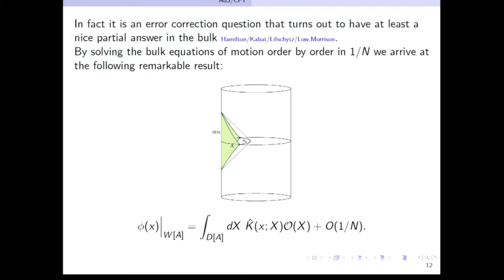So it means that this logical operator, if you like, has a representation just on A. In other words, if I erased A bar, that wouldn't bother me. I could still implement this logical operator by acting with this representation of it.